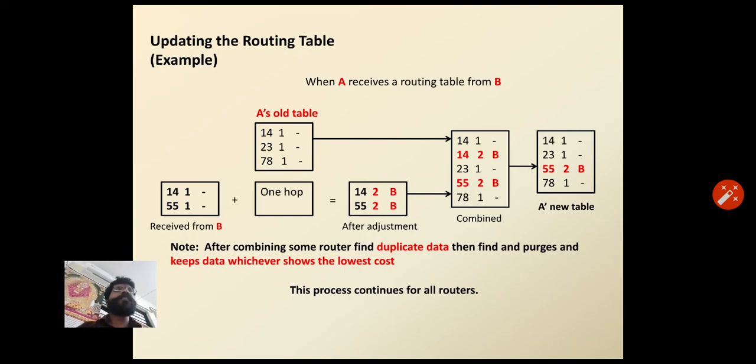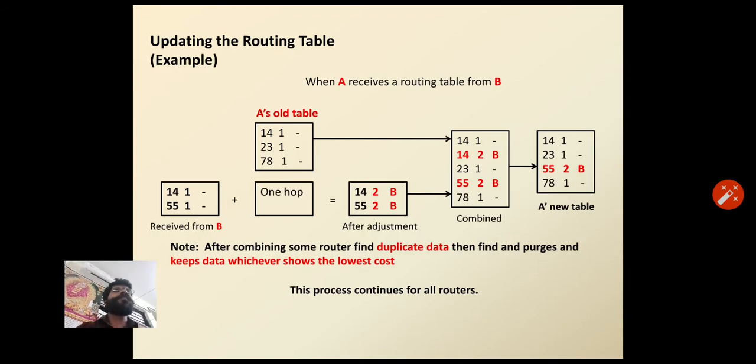After combining, we can see some duplicates. What are the duplicates? Here, 14 appears two times, which means the network address 14 is duplicated.